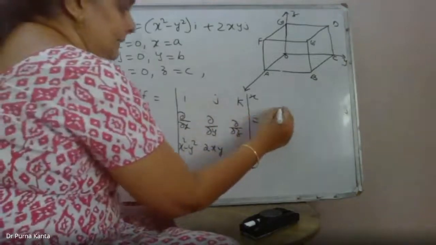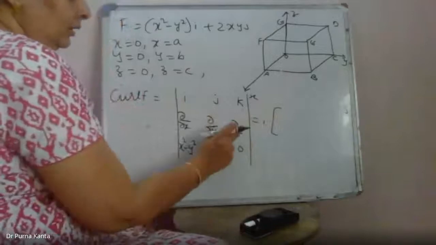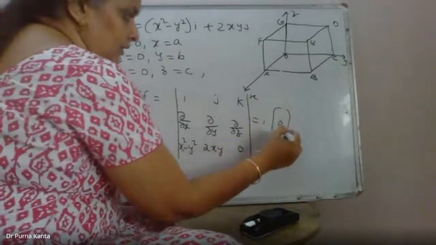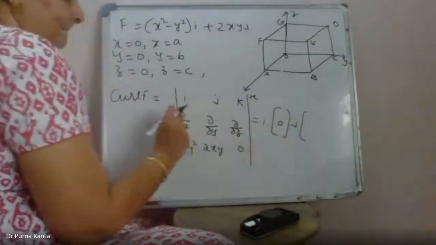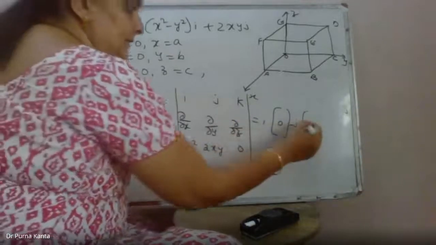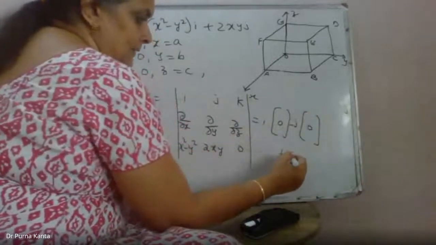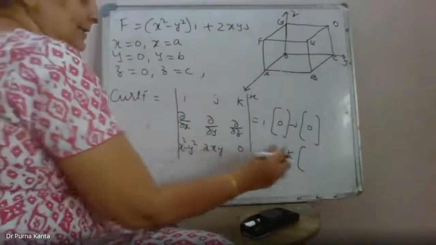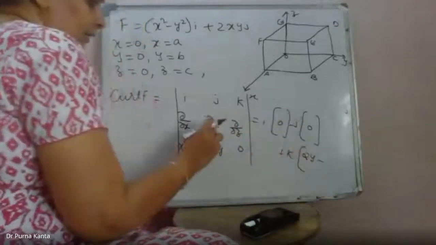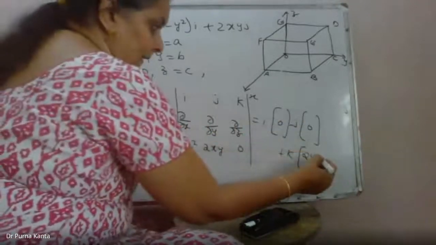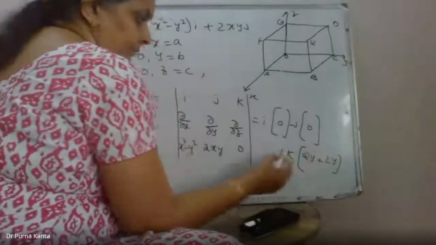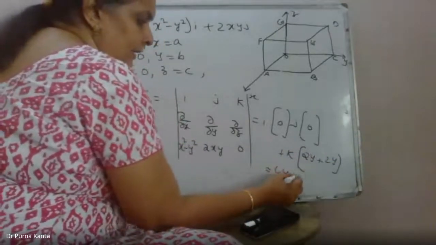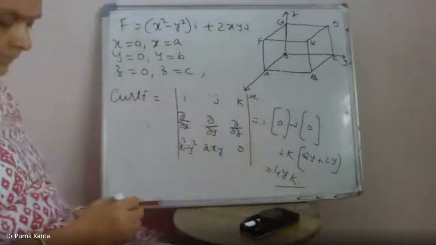That gives i times (0 minus 0), minus j times (0 minus 0), plus k times (2y minus (minus 2y)), which is 4y. See whether you got the value 4y k as the curl F value.